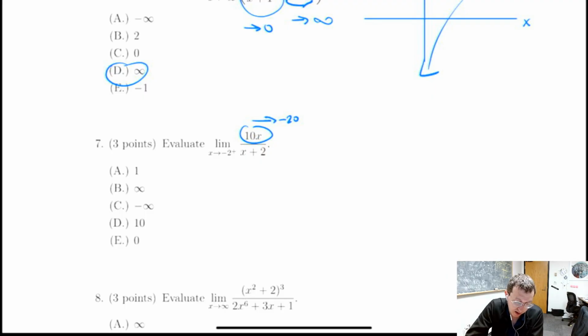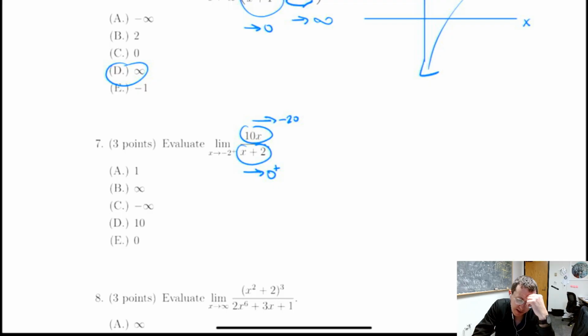If I just plugged in negative 2 to the numerator, I'd get negative 20. The bottom, that x plus 2, I'm plugging in things that are just a little bit bigger than negative 2. When I add 2 to that, I'm going to get something that's just a little bit bigger than 0.